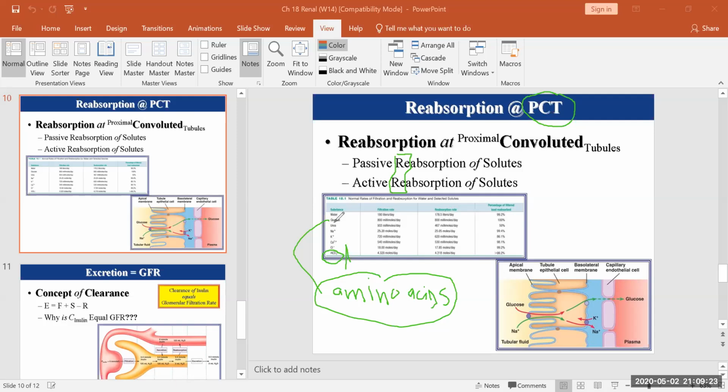Including urea. Even though urea is a cellular waste product, the kidneys retain urea up to 60%. Urea is being kept in our kidneys because that cellular waste helps the kidney concentrate urine. So we only dispose 40% of our urea as waste.